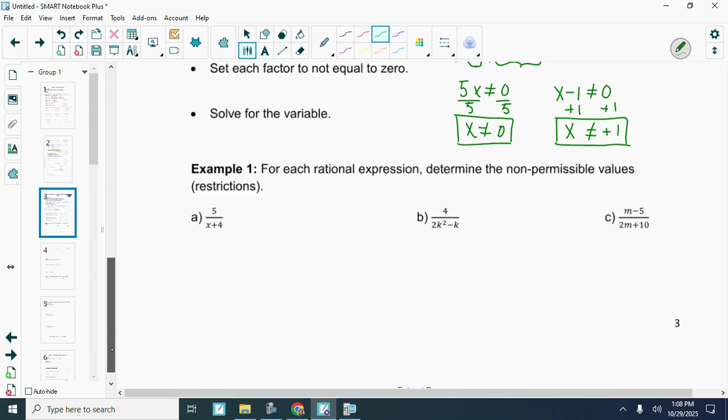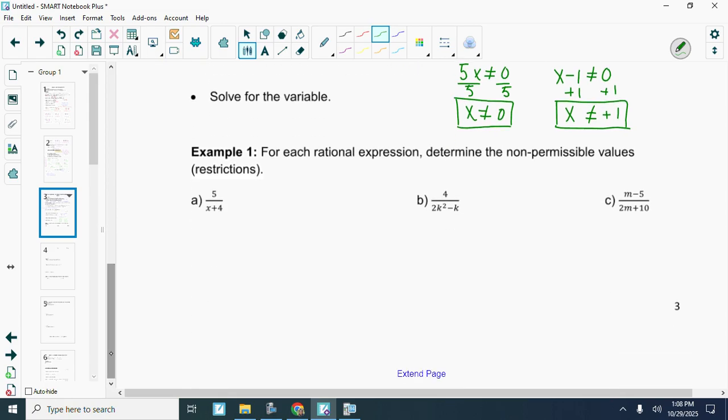Here's an example that we're going to do. For each rational expression, determine the non-permissible values. What are the restrictions? We're not doing anything more than just stating the NPVs. The first thing that we do is we take the bottom number and set it not equal to 0. Factor it if needed.